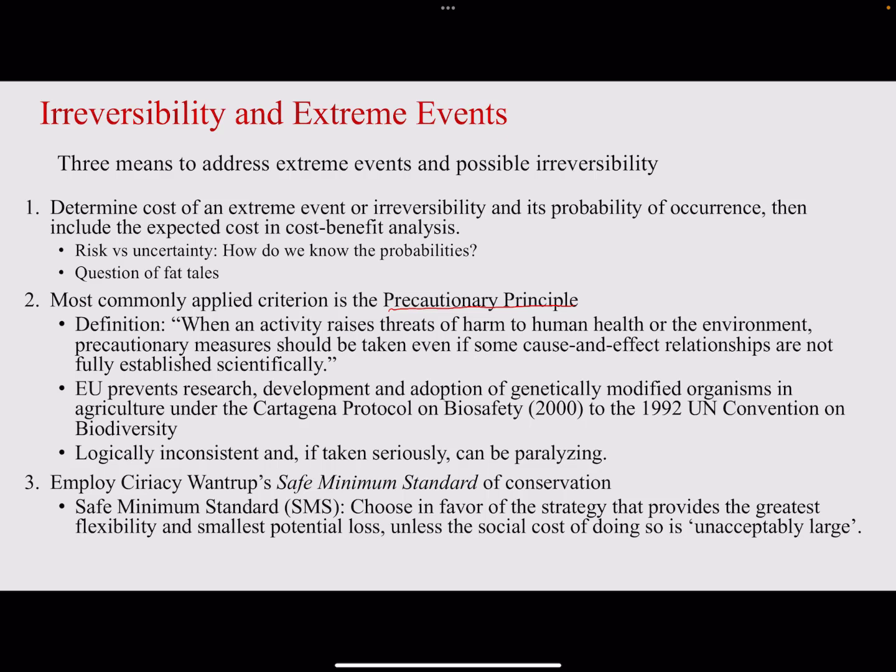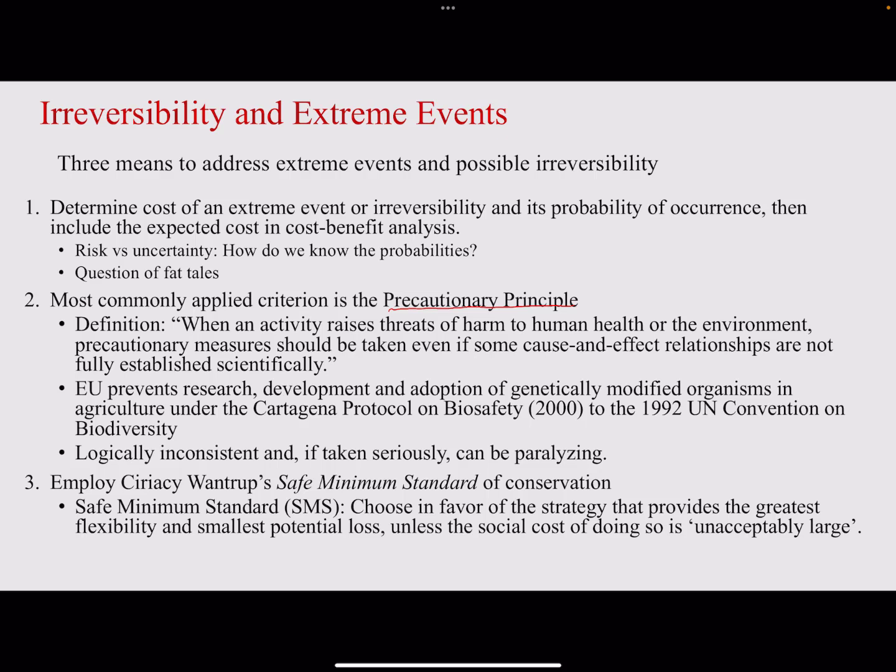The European Union prevents research, development, and adoption of genetically modified organisms in its agriculture under the Cartagena Protocol on Biosafety from 2000, and that was put in place under the 1992 UN Convention on Biodiversity. The problem is that the precautionary principle is logically inconsistent and, if taken seriously, can be paralyzing.